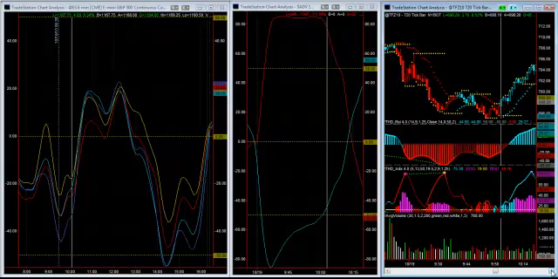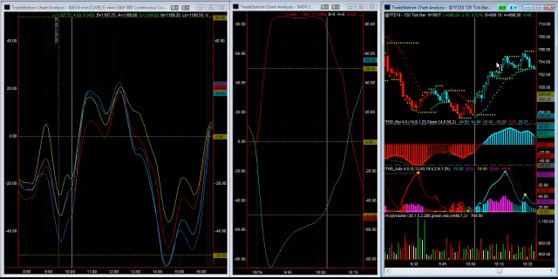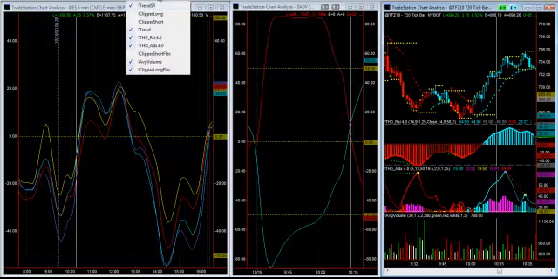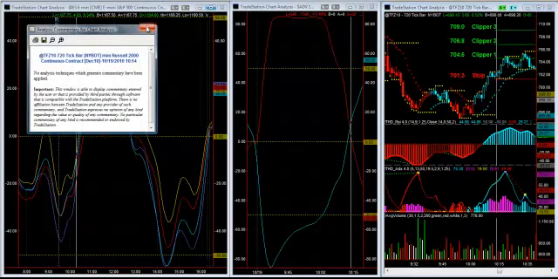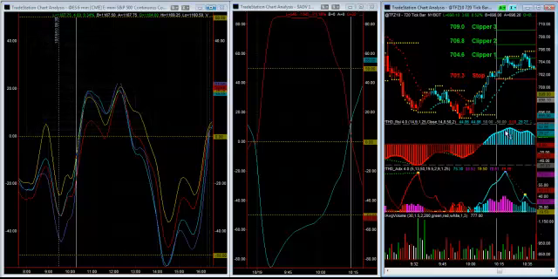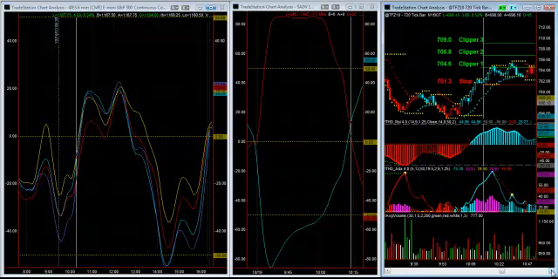At this point, you're just looking for a low risk entry point, and it actually comes in here. And then we can put the clipper long. And there you have it. You get one clipper level. If it came back to break even, you would be out. Actually, break even plus the cost of the trade.